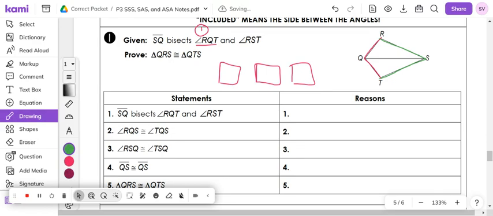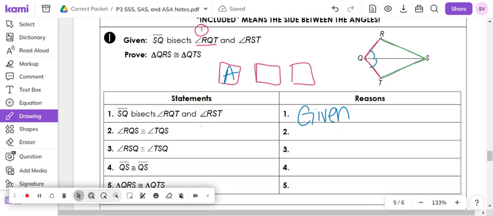Okay, so the first thing we have is given information, right? Our first statement is essentially what we just were given. So our reason is given. And then we're told that angle RQS, so RQS is this angle here, that's congruent to TQS. So that's a pair of angles. Okay, and that's based off of the definition of an angle bisector.